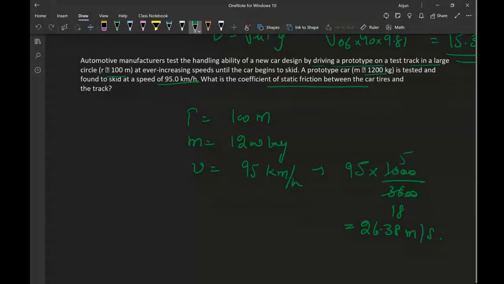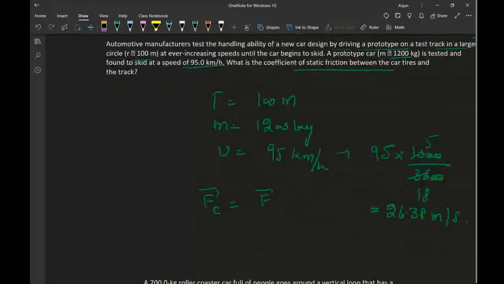And then Fc is equal to Fg. Again, I'm not sure why I keep putting it as g. Maybe I'm solving a lot of vertical direction questions. So this is Fc equal to force of friction. That's what I should write. mv square upon r equals mu mg.